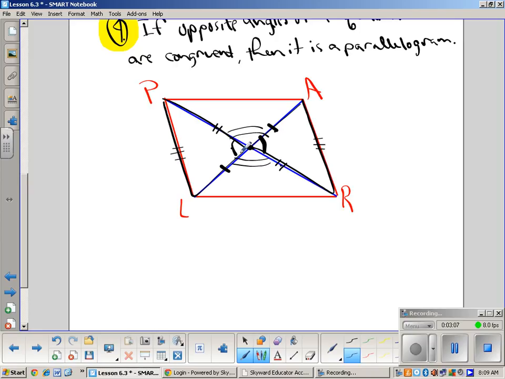So that means these triangles are congruent by side angle side also, right? Making these sides congruent by CPCTC, okay? And then this angle here must be congruent to this angle here because of CPCTC, right?